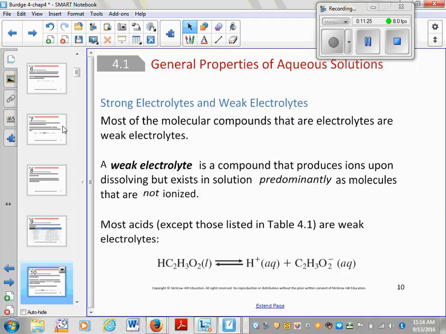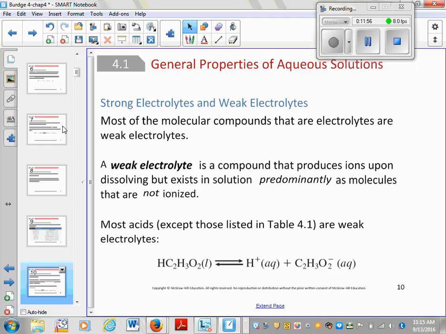A weak electrolyte is a compound that does produce ions when it dissolves in water. However, it doesn't dissociate completely. So the one we're looking at here is acetic acid, which is a liquid. If I dissolve that in water, i.e. make vinegar, 5% solution, I get the H plus and the acetate anion, but you notice there's a double arrow here.